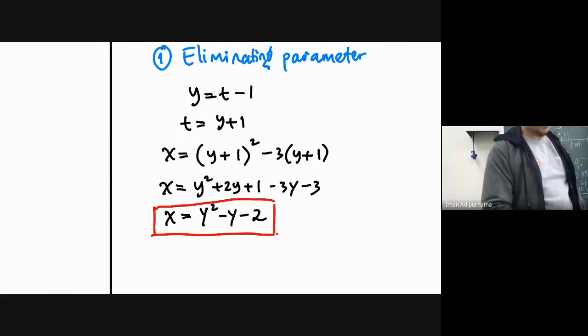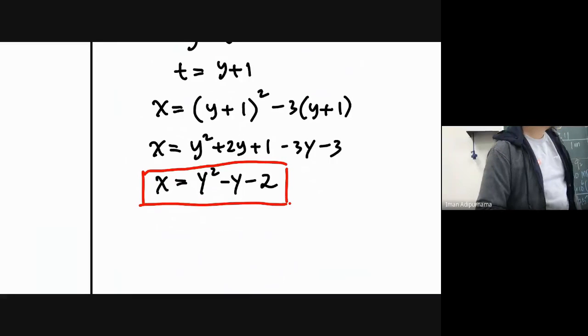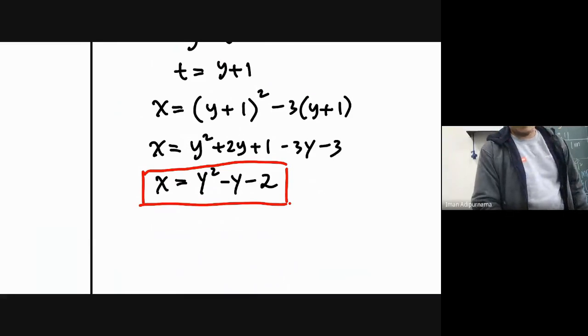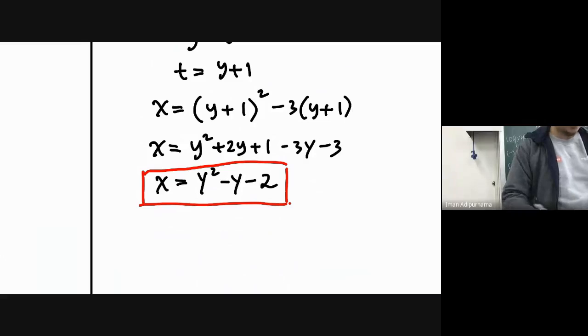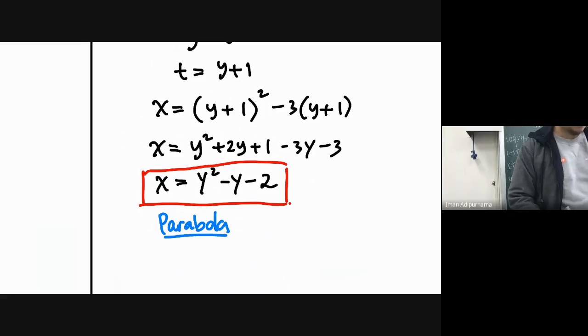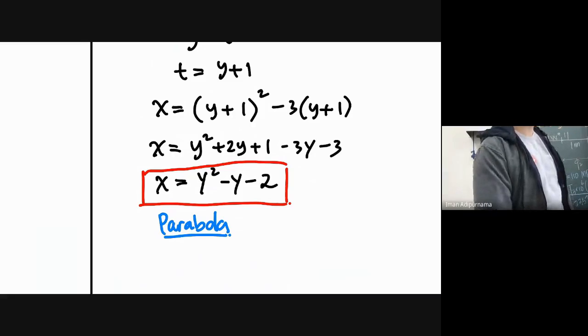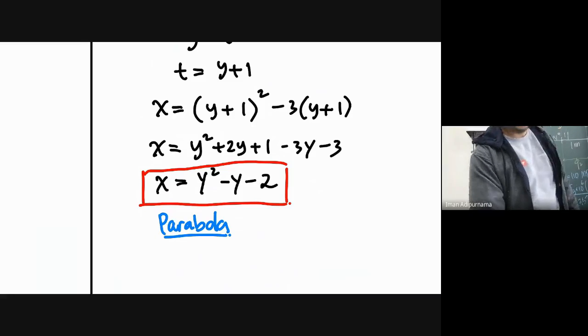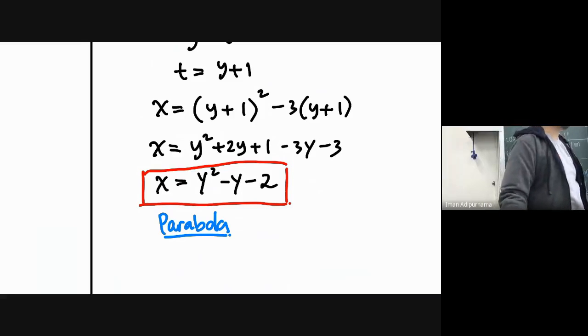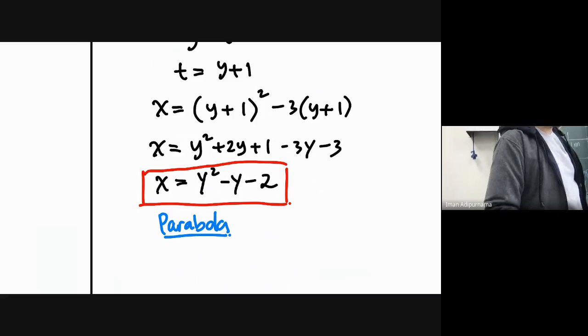Of course, if you get y squared minus y minus 2, you can simply say this is a parabola. And you can draw it easily, right? So that's the first method to see the parametric equations in an xy formula by eliminating the parameter.